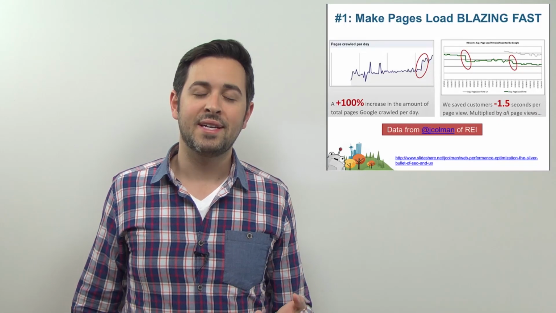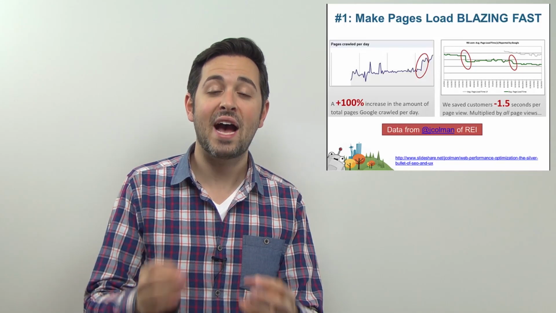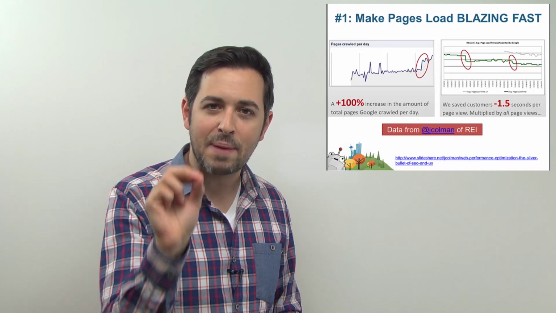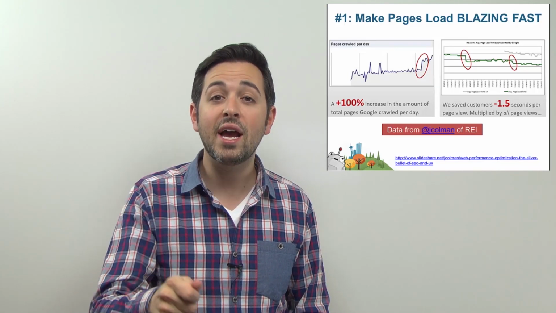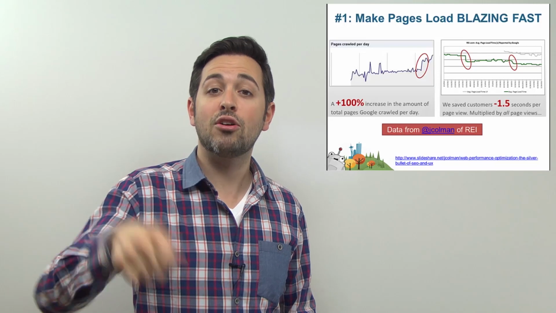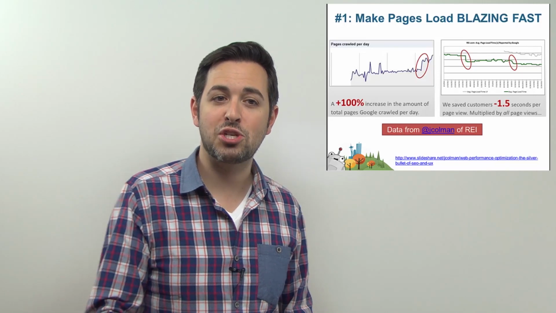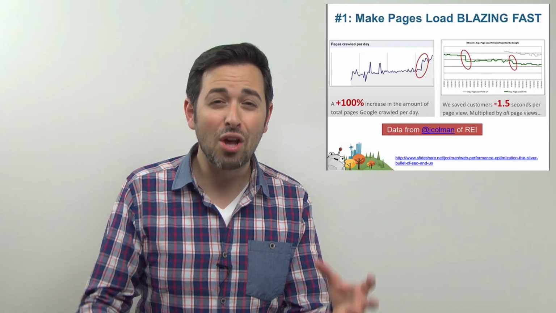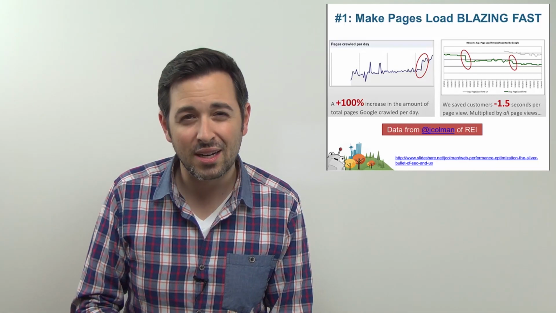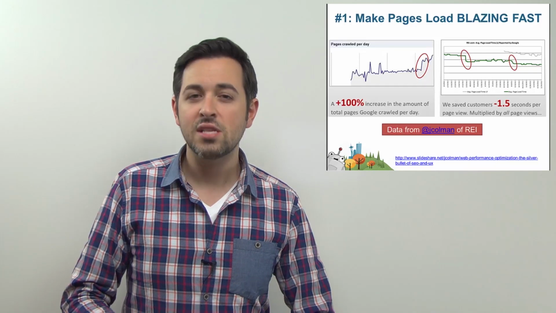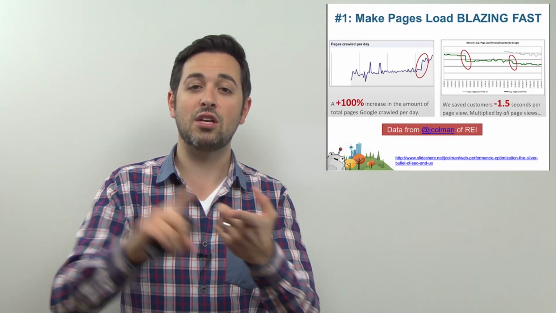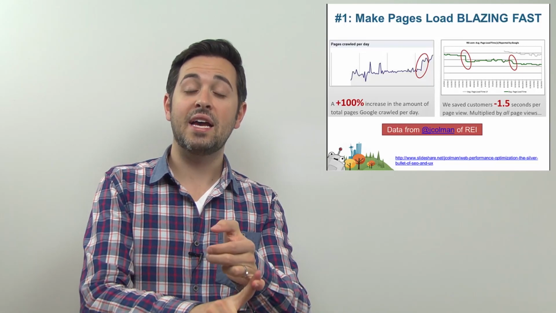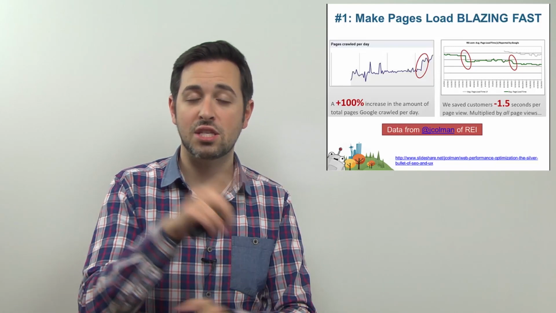So number one, you've got to make pages fast, right? When you think about the way we all use the web today, we are so speed dependent, and we are so reliant on the internet to be a fast place for information that things like John Coleman's case study from REI, where they lowered page speed from 7 seconds to 5.5 seconds and saw massive increases in conversion and in SEO, because Google was crawling and indexing more pages and people were getting through the conversion process, the shopping cart process.